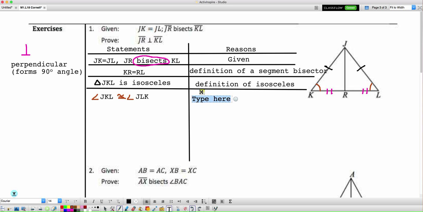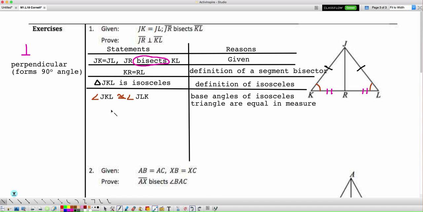And my reason I knew that those were equal was because they are base angles of an isosceles triangle. So base angles of isosceles triangles are equal in measure. So I've got that in there.